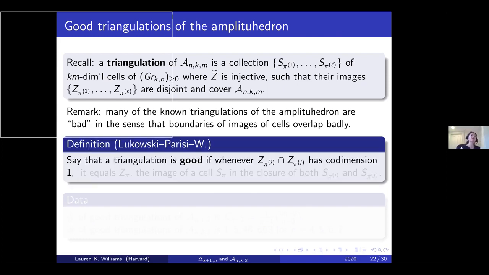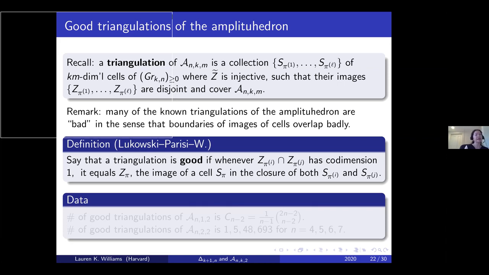But we'll say that a triangulation of the amplituhedron is good if whenever you look at the images of two cells, and if you look at where they intersect, if it has codimension 1, you require that intersection to equal the image of another cell, S pi, that's in the closure of the two you started with.